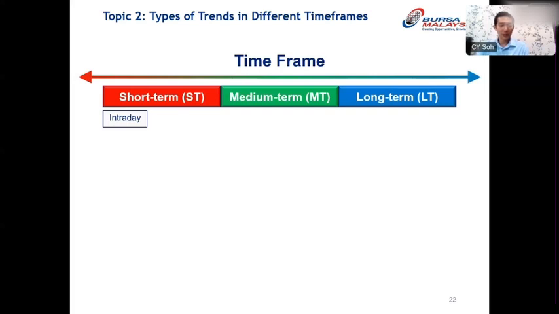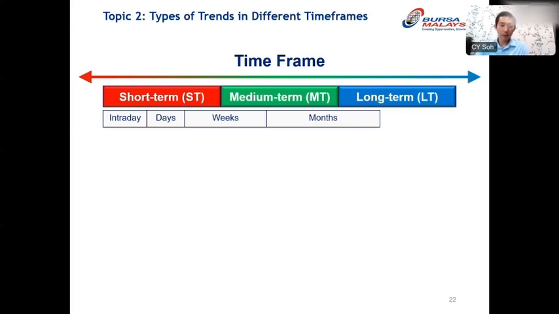In short term we can have as short as intraday, days, and even up to 1 or 2 weeks. Medium term can be as short as 1 week, and for some people maybe up to months. Whereas for long term, it can be as short as 1 month and even up to years.